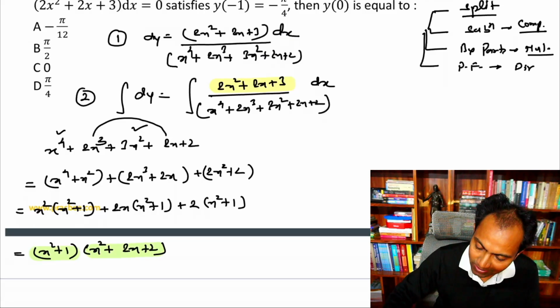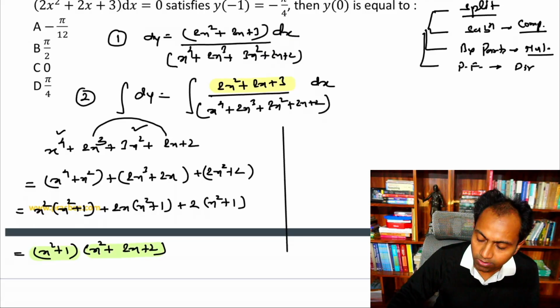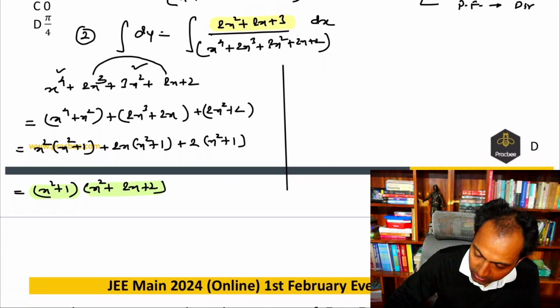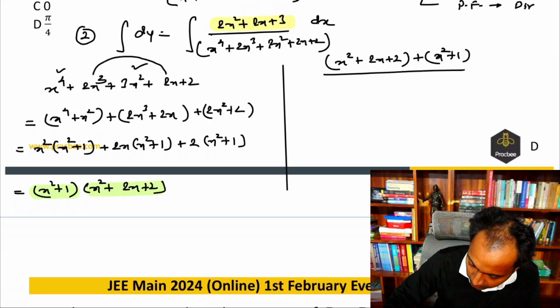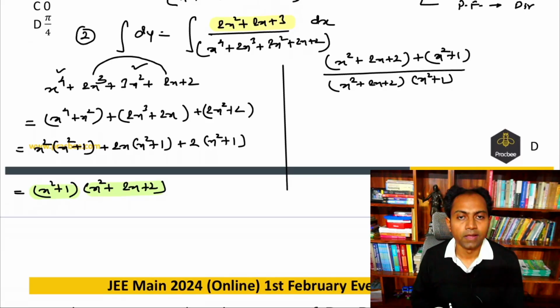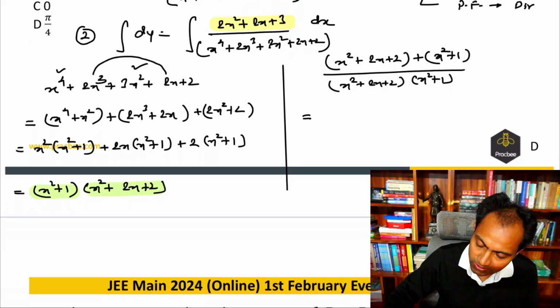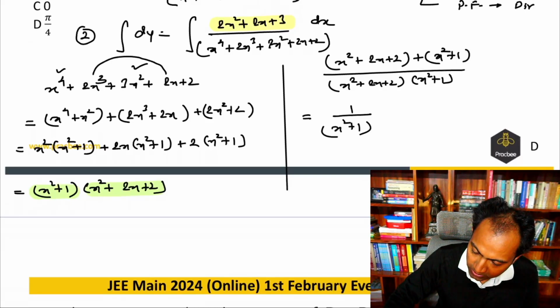So now we can split it very easily into two integrals. The numerator can be written as x square plus 2x plus 2 plus x square plus 1, divided by x square plus 2x plus 2, which is the denominator that we have just factorized. Now I can split it into two integrals after doing the partial fractions part, or splitting it into two parts.